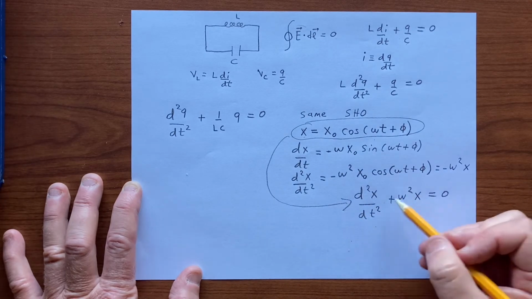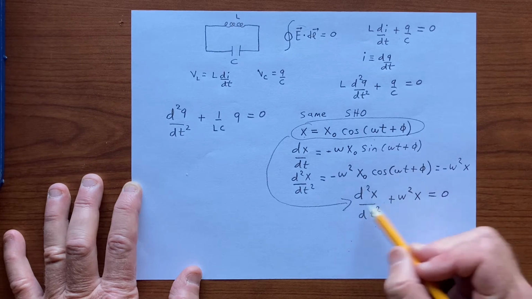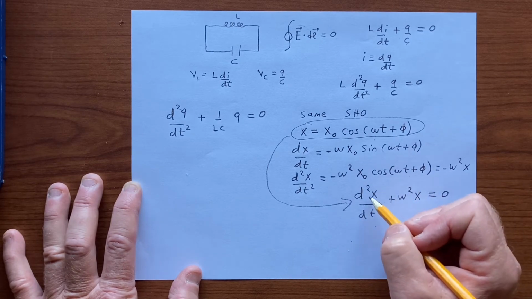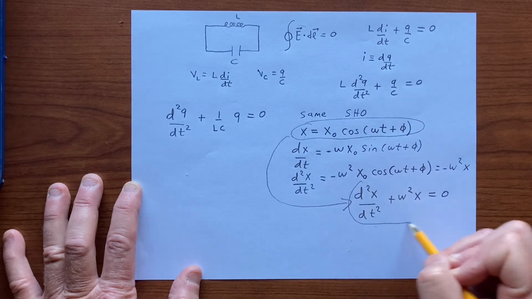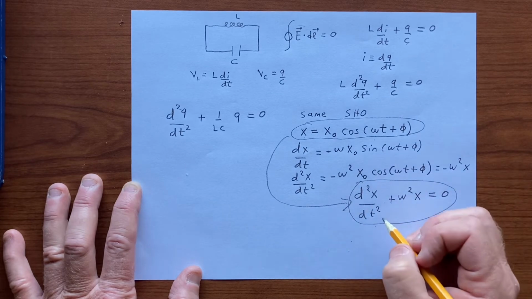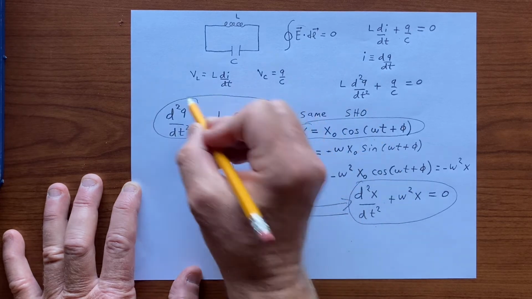We derived the equation, meaning something that has two derivatives in time, and its solution is this, but this equation here has the same form as this equation here. Right?